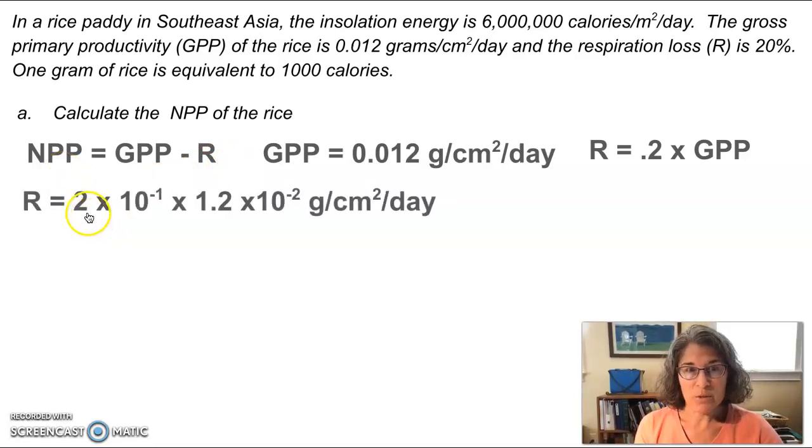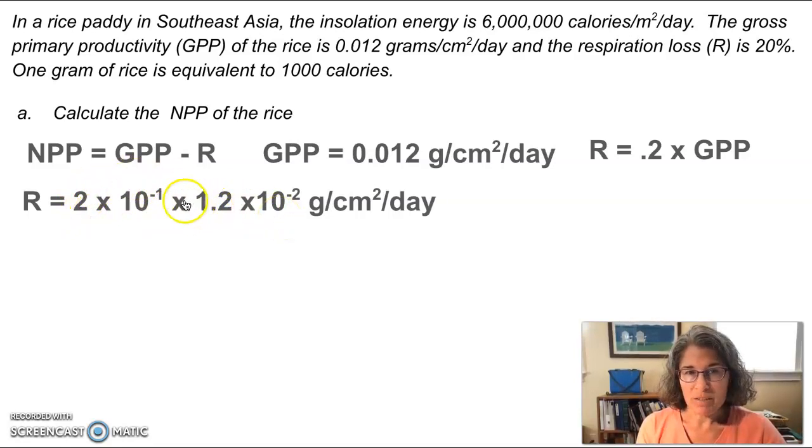So the first thing that we're going to do is take those values and plug them in. So we know that R is going to be equal to 0.2, which is the same thing as 2 times 10 to the negative 1. And we're going to be multiplying that by our GPP. So we have 2 times 10 to the negative first times 1.2 times 10 to the negative second.